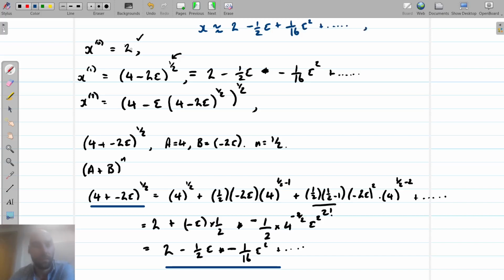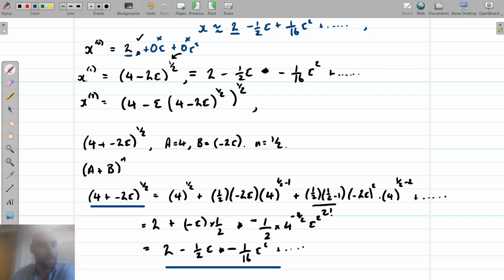Let's write it at the top in blue. And let's have a look at these terms. Here I've got x naught is 2, so that matches with this. So this term gets the first term, but does it do the next ones? We can think about this as being 0 epsilon plus 0 epsilon squared, and these do not match. So the first term matches, but the second and the third term don't match.